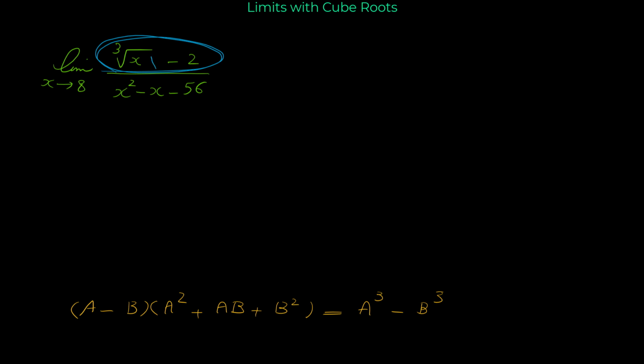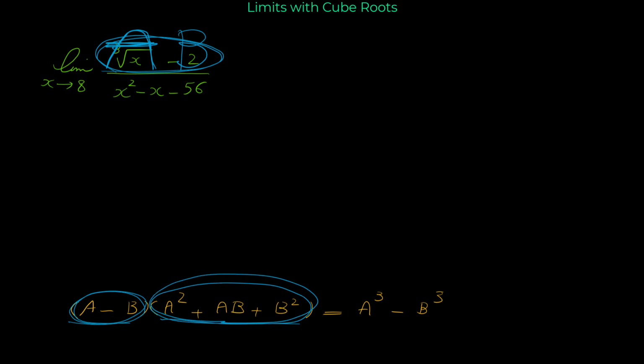If we suppose the cube root of x as a and we suppose the 2 as b, so in the numerator we have a minus b. If we multiply it by a to the 2 plus ab plus b to the 2, the result would be a to the 3 minus b to the 3.